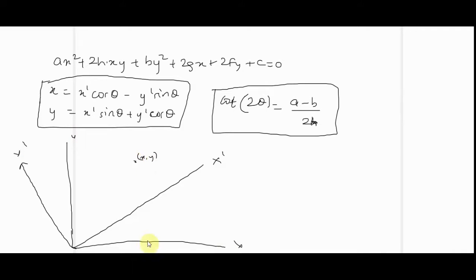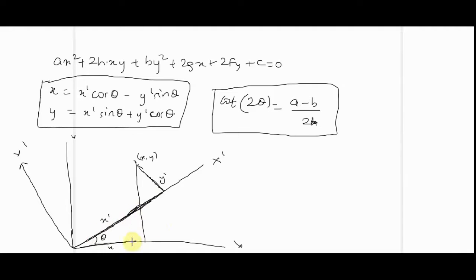So this distance here is y and this is x. Now also know this distance is x prime and this distance is y prime, and this angle is theta. So you notice x prime is not this one, it's the whole thing.